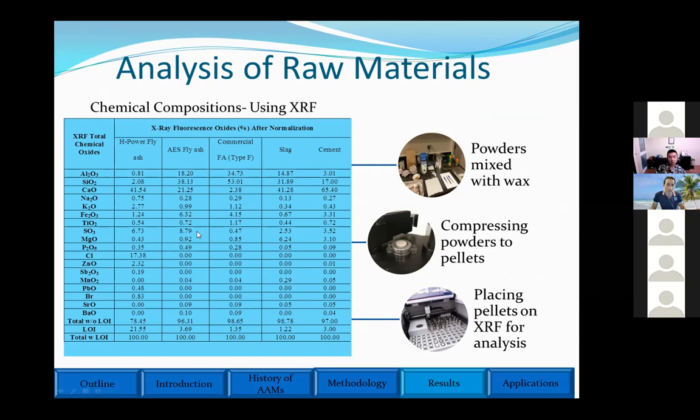This table and these values show, for example, that the ash I got from the power plant has, for example, 0.81% alumina, 2% silica, and 40-something percent calcium. And the same for the AES fly ash, the type F or class F fly ash, slag, and the cement. For example, as I mentioned already, I have to have enough calcium if I want to generate good AAM, alkali activated material.